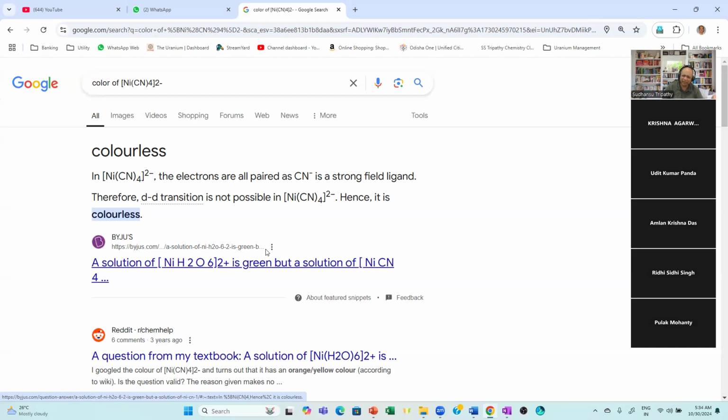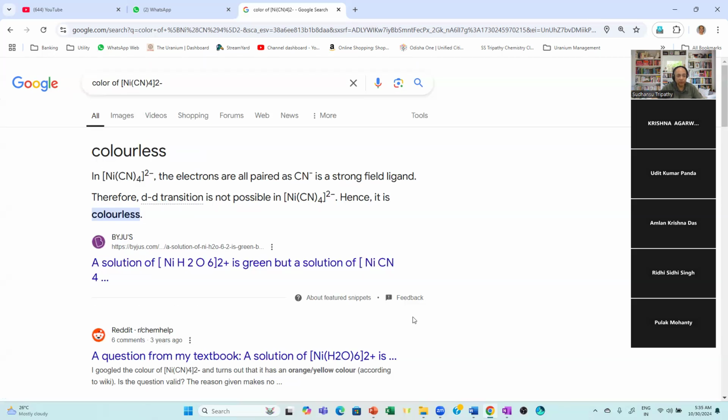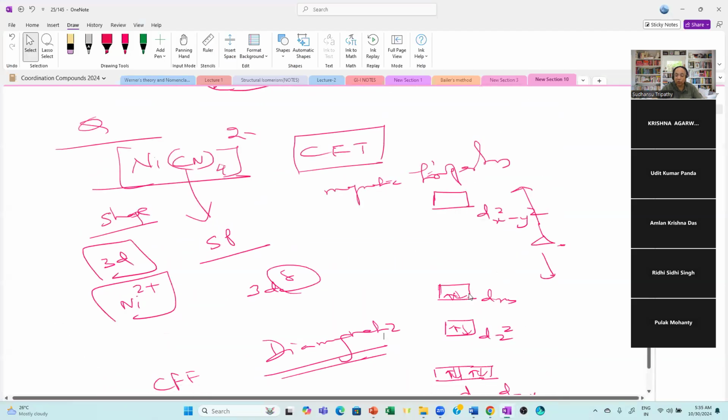I didn't like to waste my time. And how do you know the d-d transition is possible? Yes, it is possible because one electron from this can go to the vacant dx2-y2.